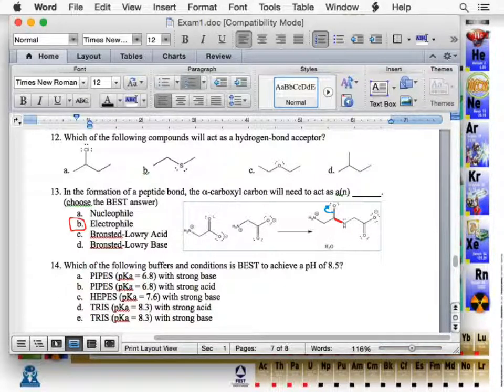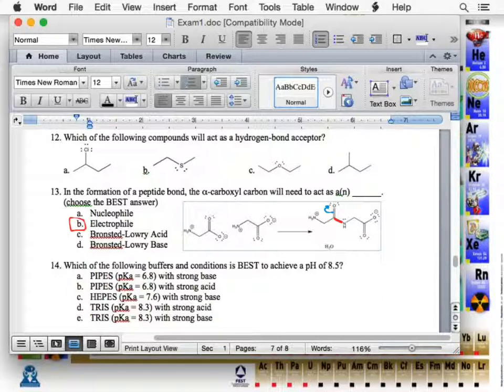If we look at it the other way, between the nitrogen and the carbon, which one's more electronegative, nitrogen or carbon? Nitrogen, which means which one is more likely to be found with electrons? Nitrogen, which means the nitrogen is more likely to act as the donor of electrons. There's our nucleophile. So if the nitrogen's our nucleophile, the carbon had better be the electrophile.